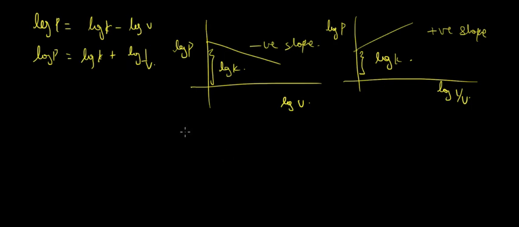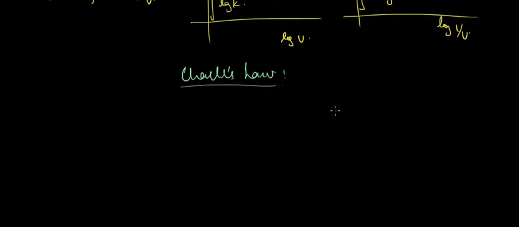Okay, so now let's start with Charles' law. So we know that PV equals nRT. Charles' law says that for a fixed amount of gas at constant pressure, volume is directly proportional to the temperature.